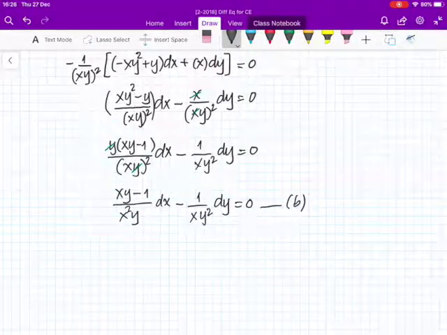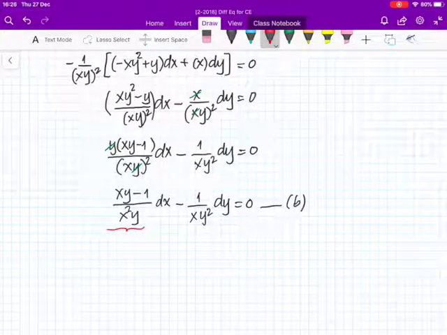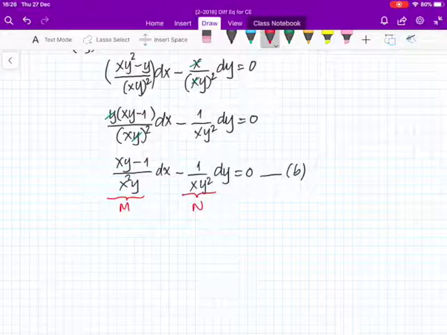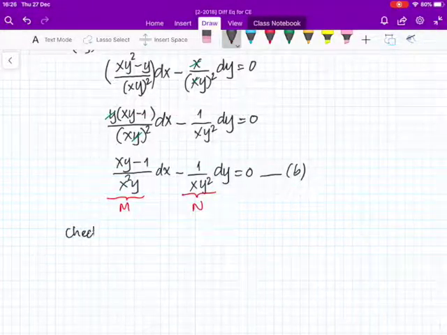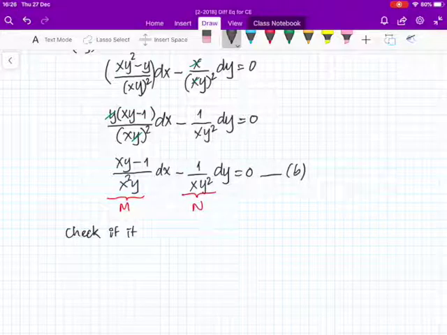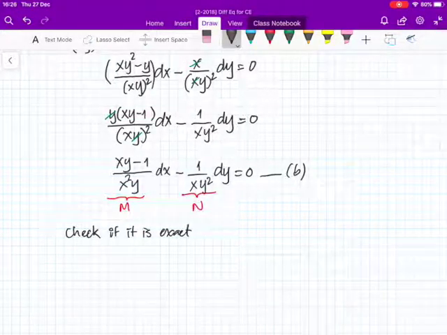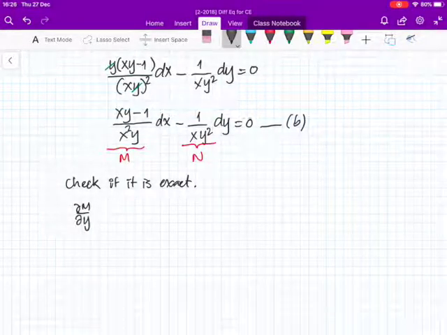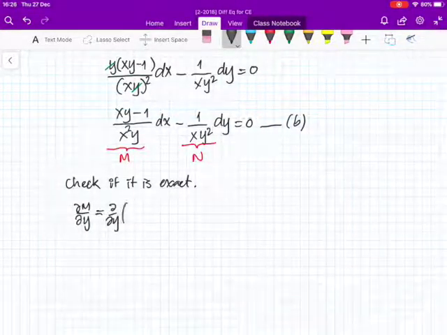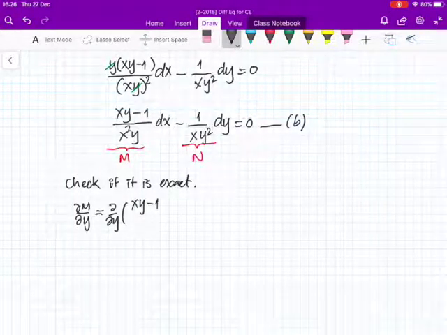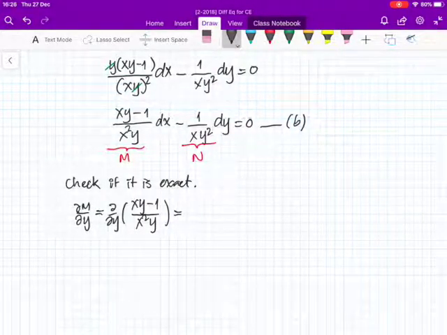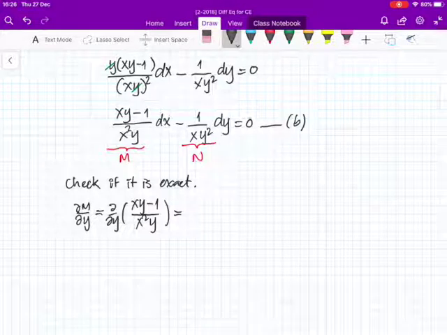So what you have to do is observe what the new N is. This is a new M, and this is a new N. So the next step is to check again if it is exact, by the partial derivative of M with respect to y, which is equal to xy minus 1 over xy.